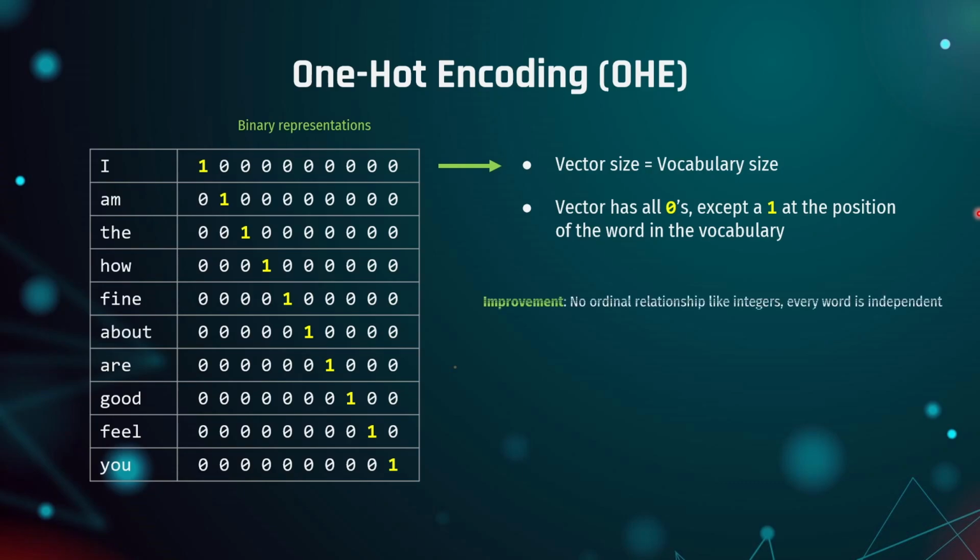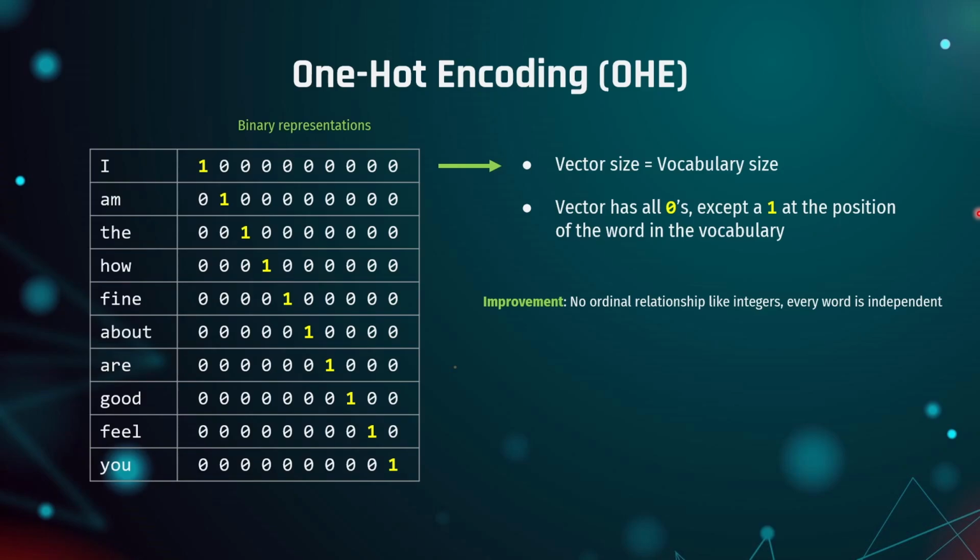ওকে, সো the improvement is যখন আমরা vocabulary ওয়ার্ডগুলোকে একটা বাইনারি ভেক্টর আকারে প্রকাশ করছি, we get rid of the ordinal relationship like integers, right? এখন কিন্তু আর বুঝতে পারছি না কোন ওয়ার্ডটা কোন ওয়ার্ডের আগে কিংবা পরে, right?